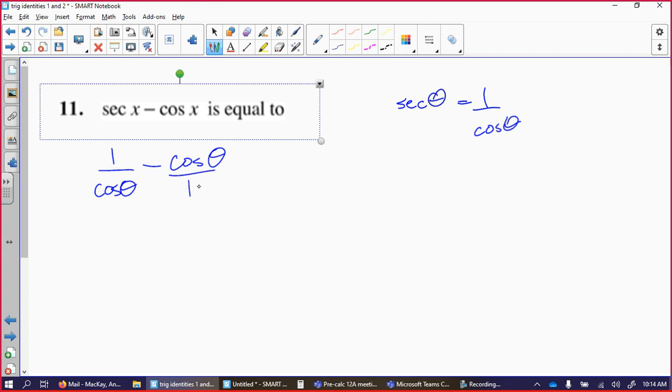When we add or subtract fractions, we need to have a common denominator. The common denominator between anything and 1 is whatever that is. So I'm going to multiply this side by cos theta over cos theta. The left side doesn't change.